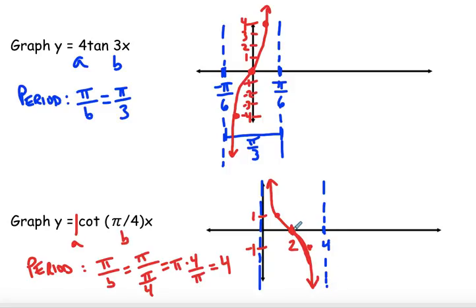And then halfway in between is where you're going to have your dot, and then you're going to squiggle down. So cotangent and tangent look really weird, but graphing them isn't that bad when you get the hang of where to place the asymptotes. So that's something to kind of be careful of.